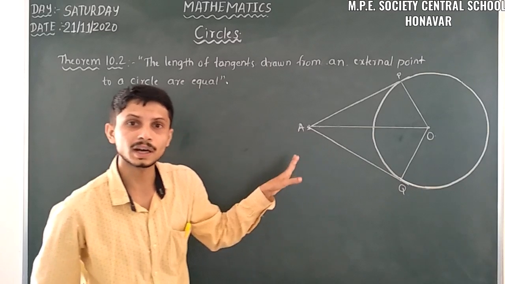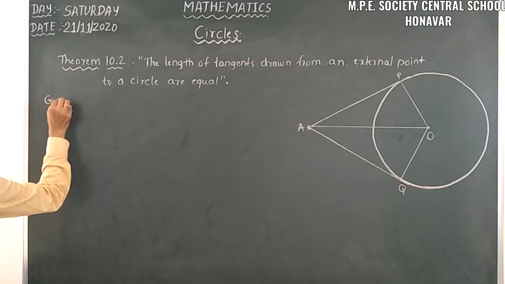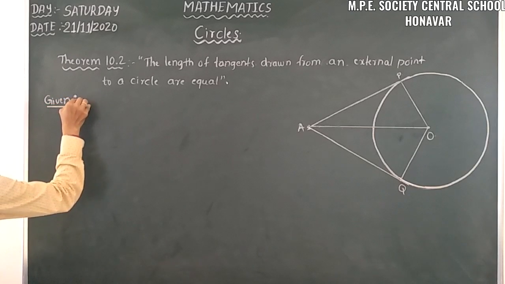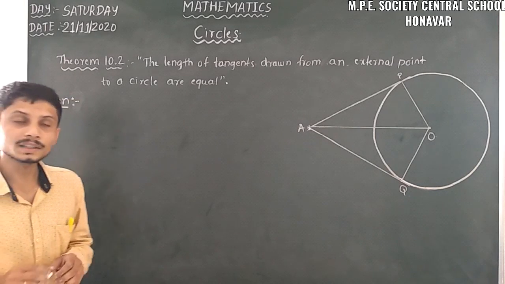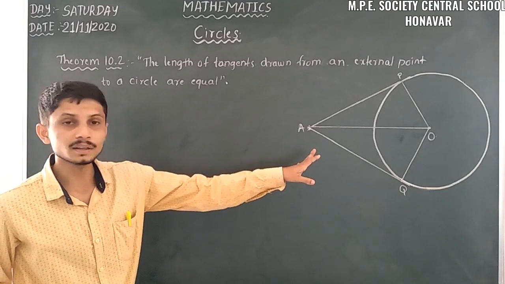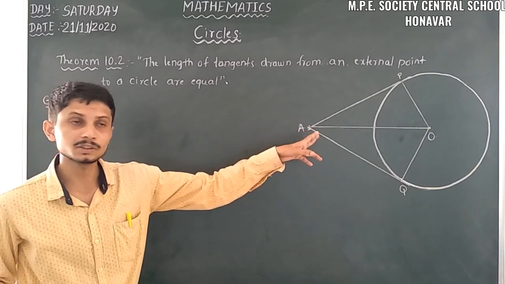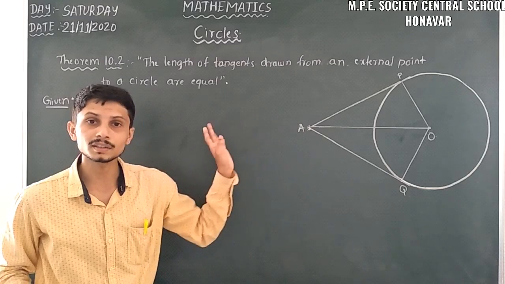So firstly we have to start with the given terms. What are the given terms here? O is the center of the circle, and P and Q are the intersecting points with the tangents drawn, and AP and AQ are the tangents.